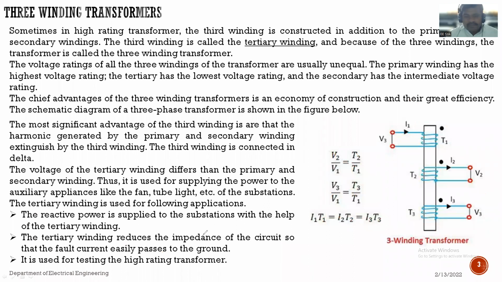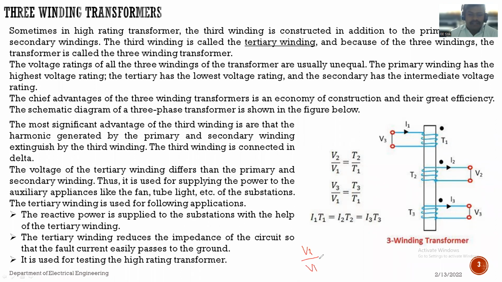Now see here, the transformation ratio can be derived here, that is V2 divided by V1 equals T2 divided by T1, or V3 divided by V1 equals T3 divided by T1. According to this, do you know that voltage ratio equals turns ratio? We can write V2, that is secondary, divided by primary, na?